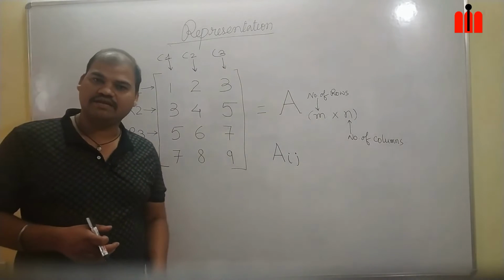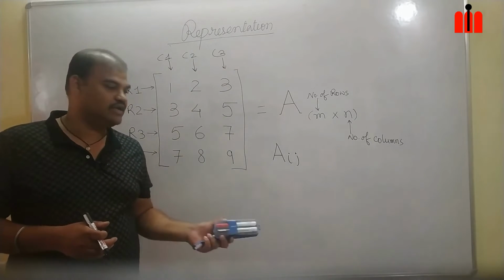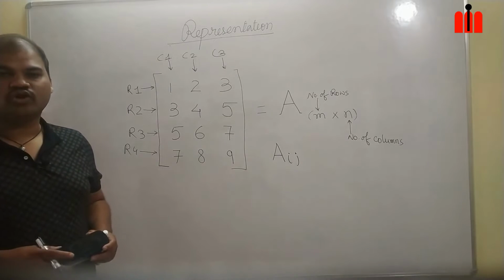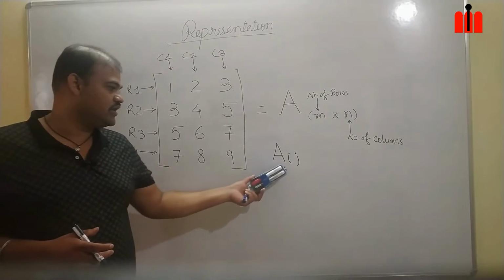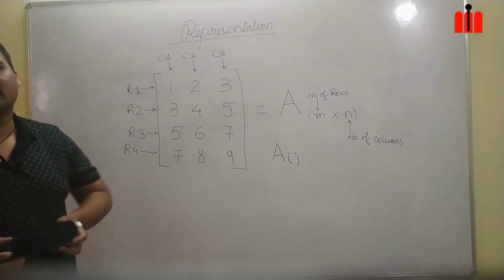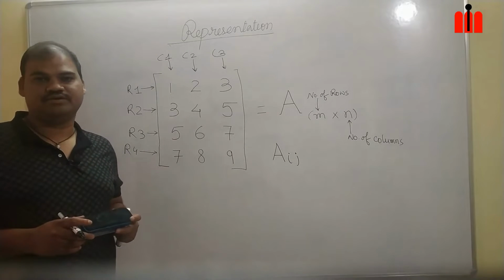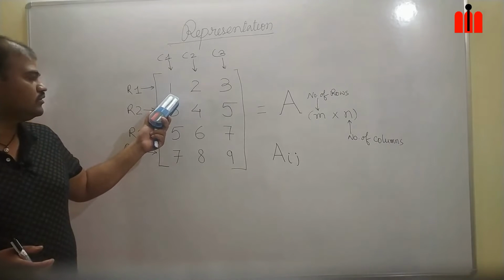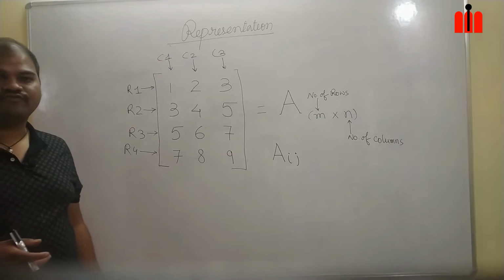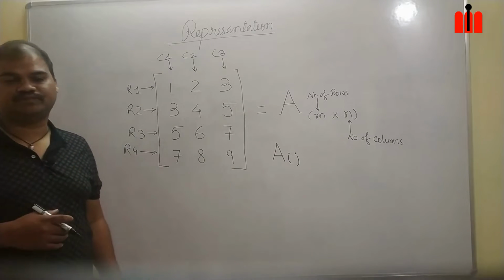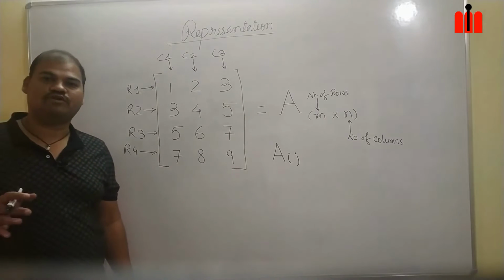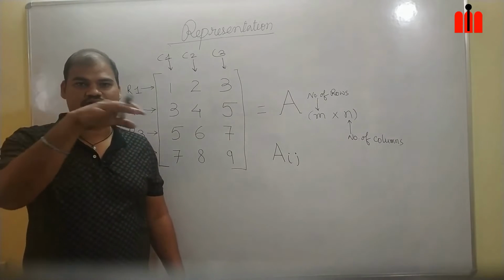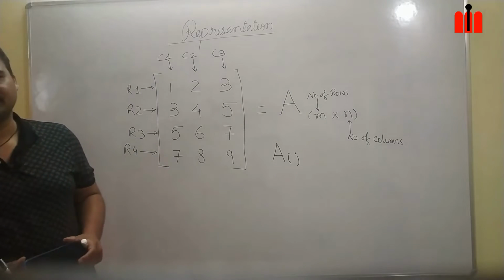Other than representing an element by Aij, what other benefits do we get? If I want to perform an operation, let me give an example of an operation in our local context.